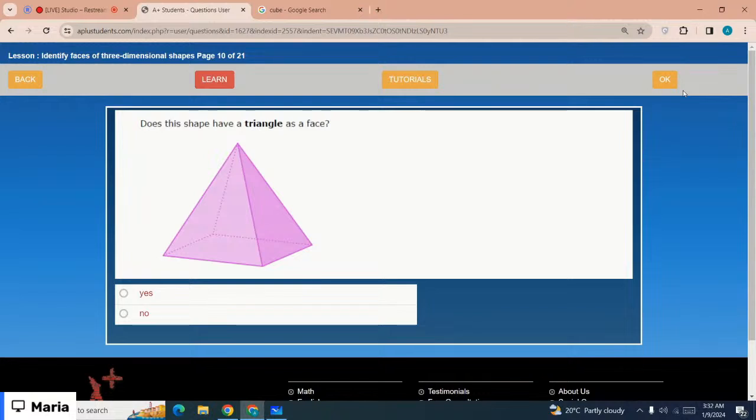Does this shape have a triangle as a face? The correct option is yes, it is, right?